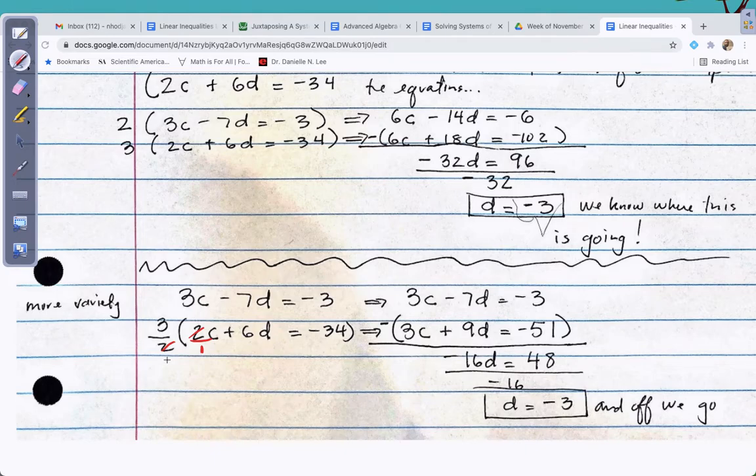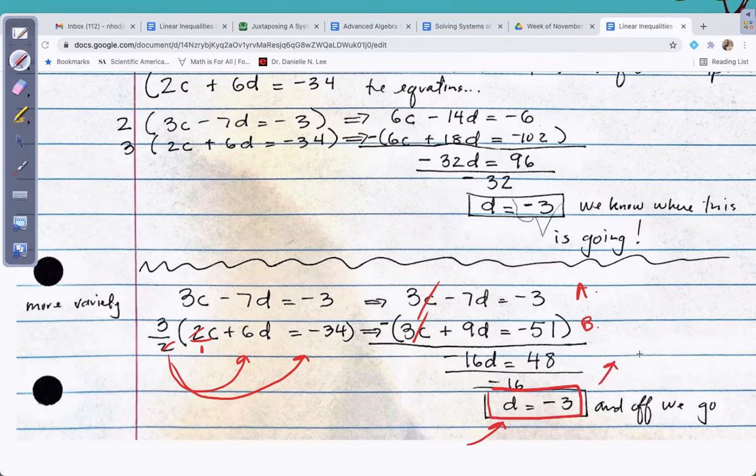Of course, I'm multiplying everything by 3/2, not just that first value. And so the first equation is not changed at all. The second equation has been altered. The way it looks has been altered, but the values of C and D have not. Now I'm able to cancel out these C's, and here I go again, successfully finding that D has a value of negative 3.